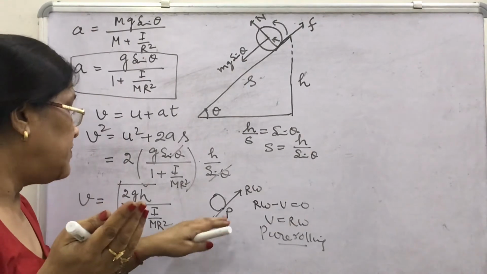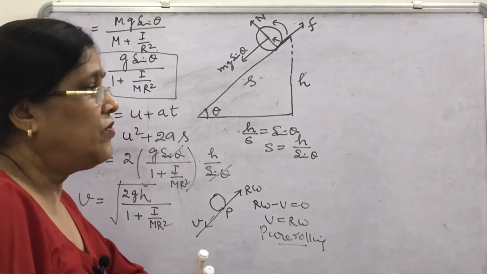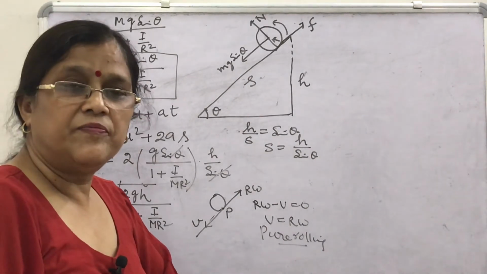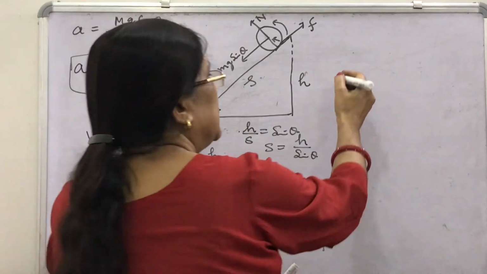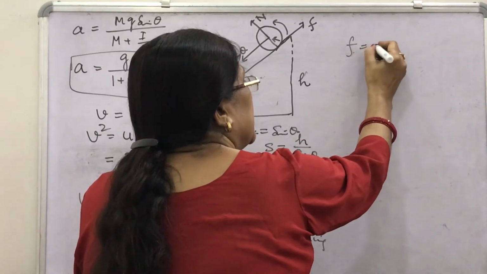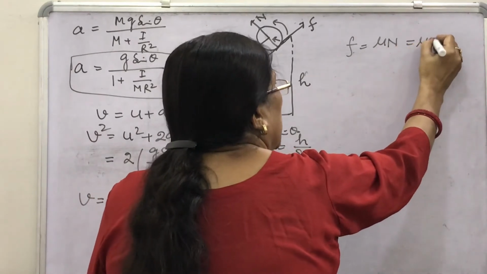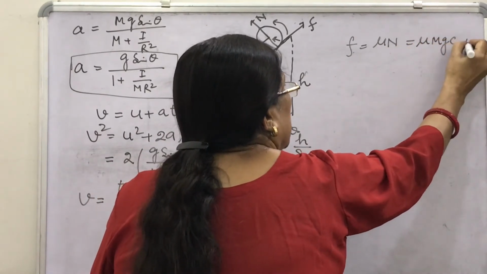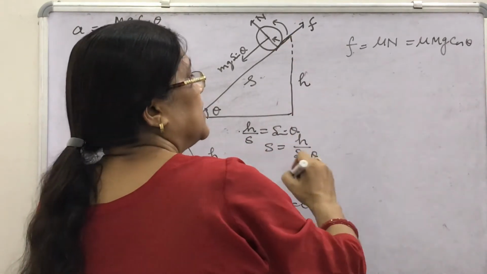So this friction is static. The mistake you make is that you have learned that friction is written as F equal to mu N, and you write mu mg cos theta, because N we have taken here as mg cos theta.